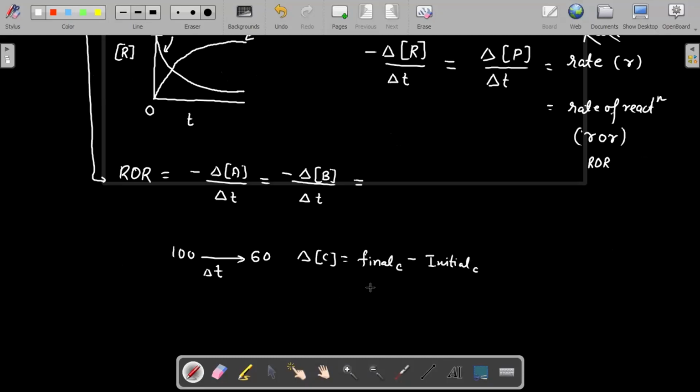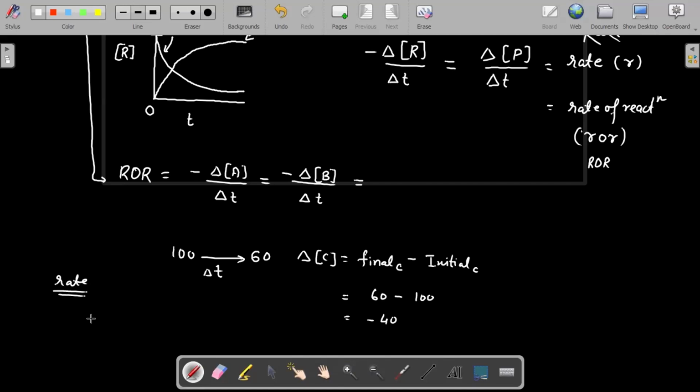The final is 60 minus 100, so I will get minus 40.